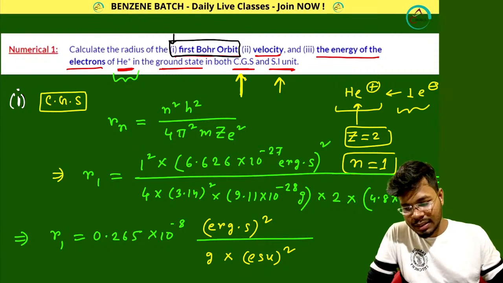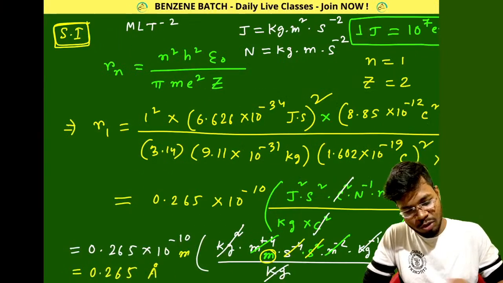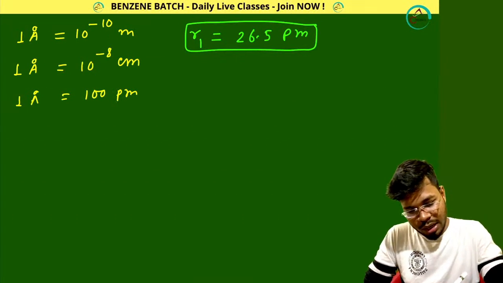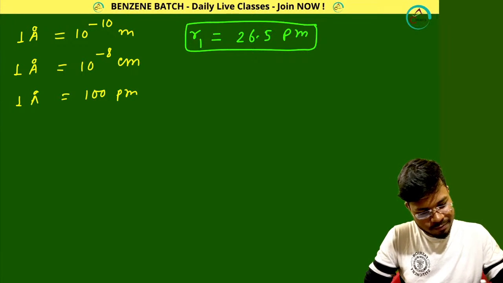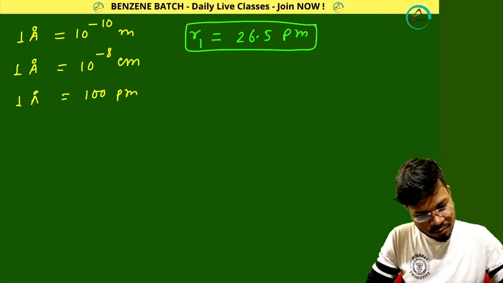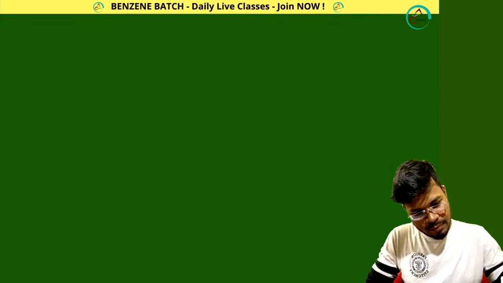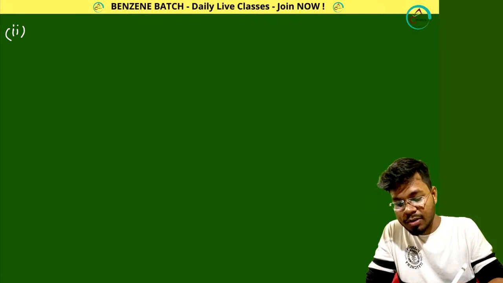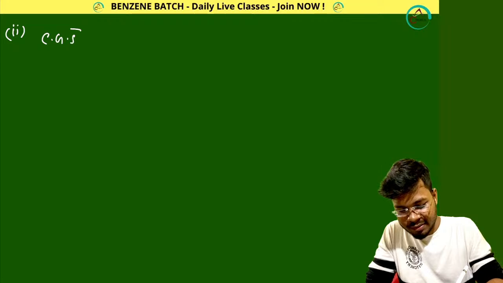How can you calculate that? It's very simple. Let me write the formulas first. Now I want to calculate the second thing, velocity, in CGS unit.